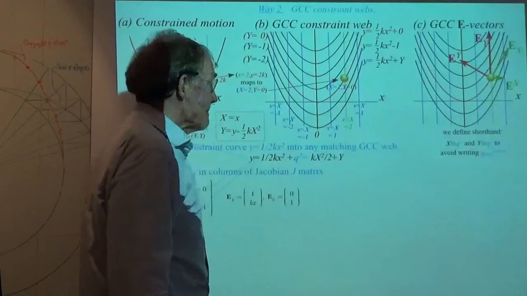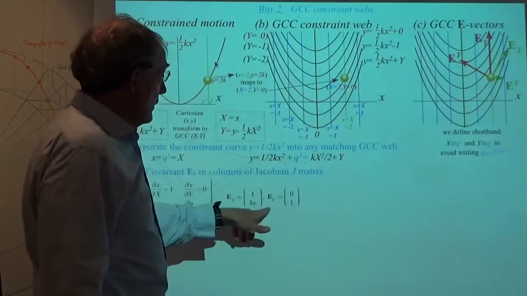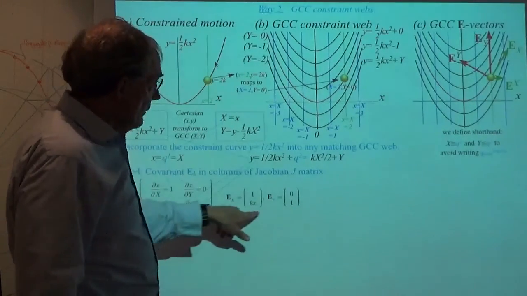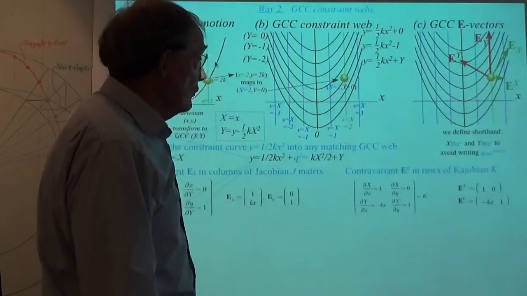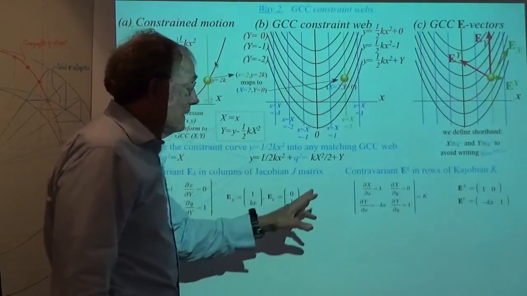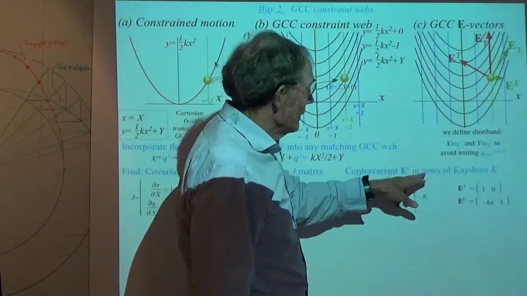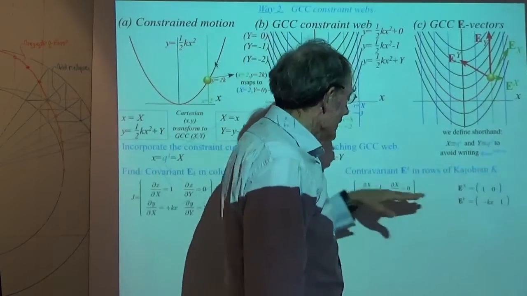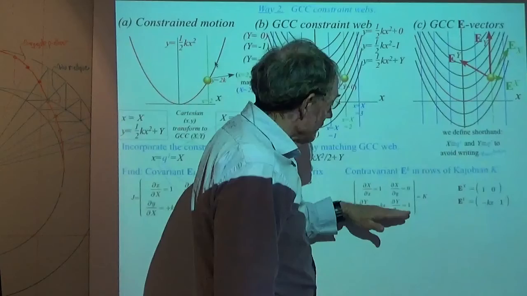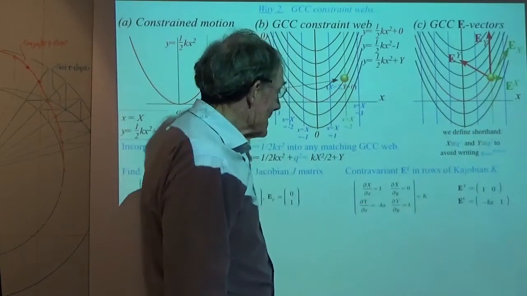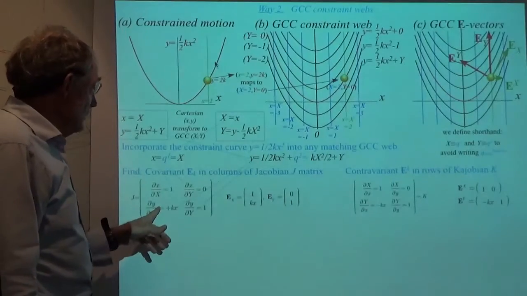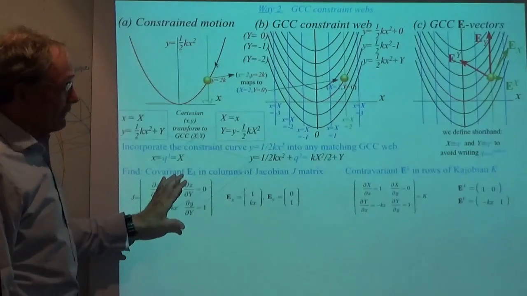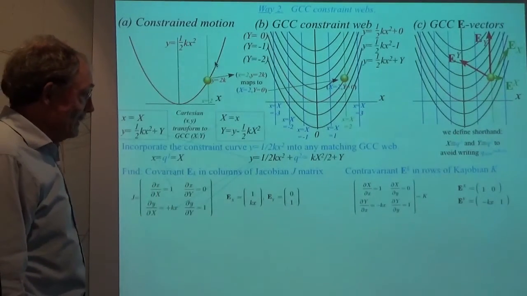Okay? Now, the duals to these, if these are the kets, what are the bras? That's the Jacobian that's made out of the contravariant vectors in the rows. Here's one vector and there's the other. Now, the inversion of this matrix is really simple here.